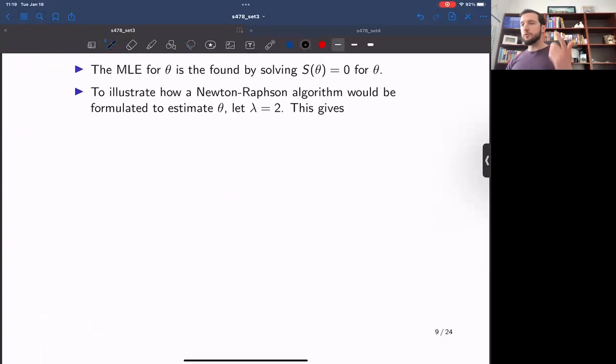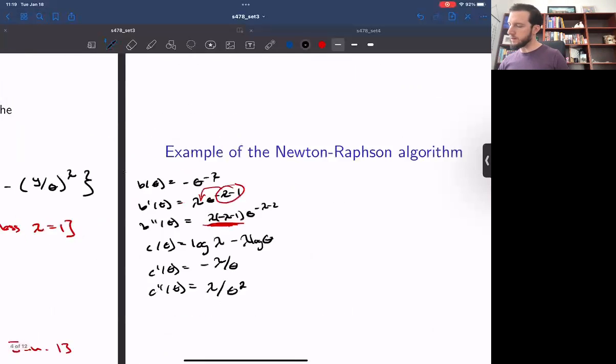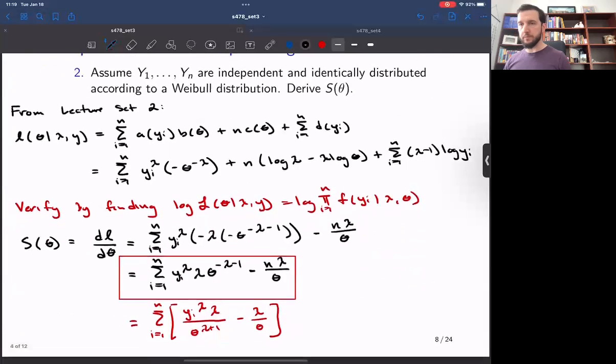Okay, so what we would do next is set the score function equal to 0 and solve for theta. We take our expression from the previous slide in either form, set it equal to 0, and then try to solve for theta. In this particular illustration, solving for theta using this expression is not going to be possible as it's written, so we need to use an iterative procedure.